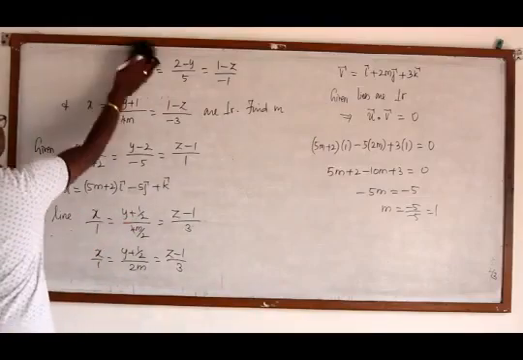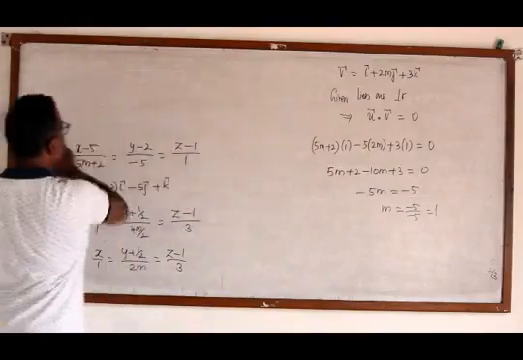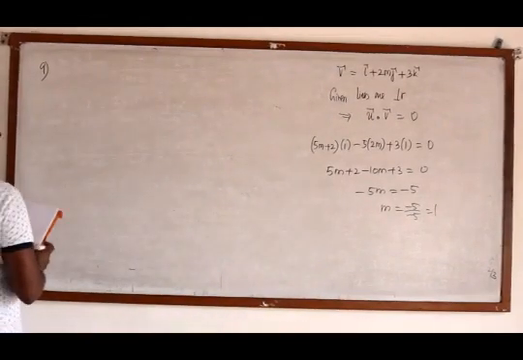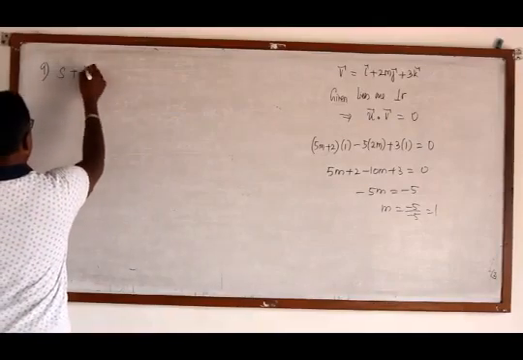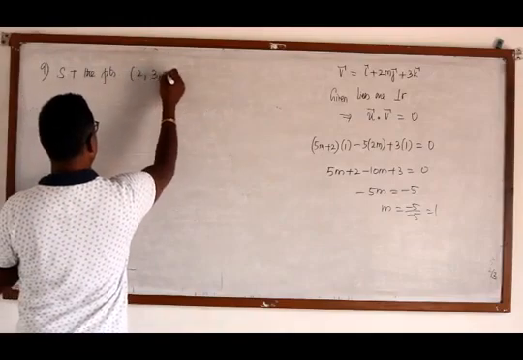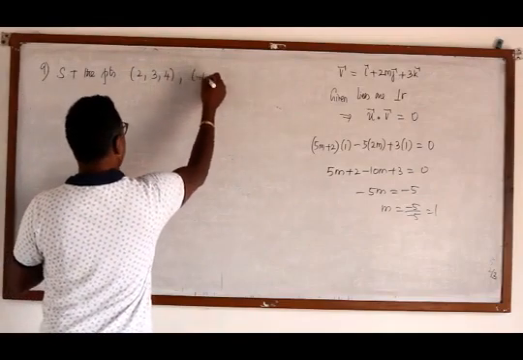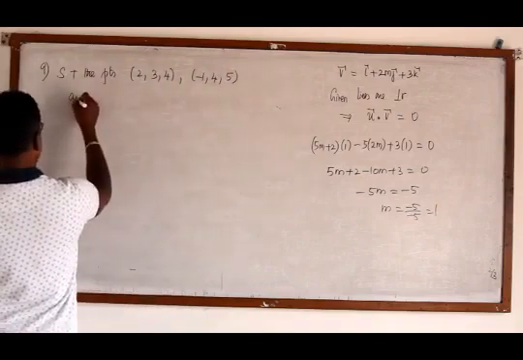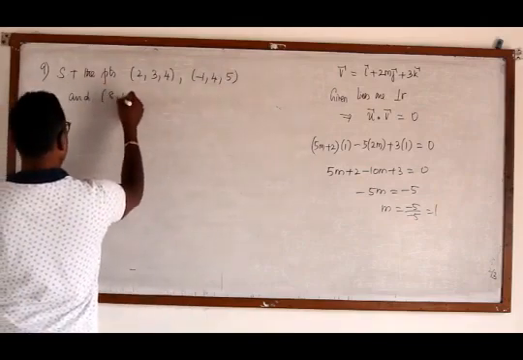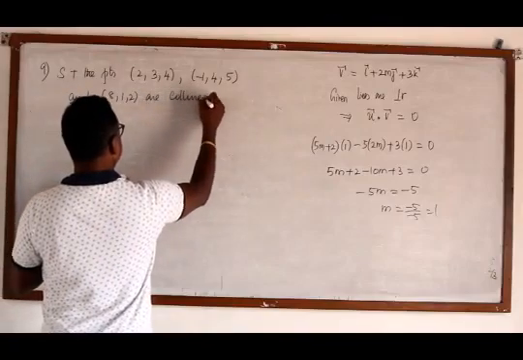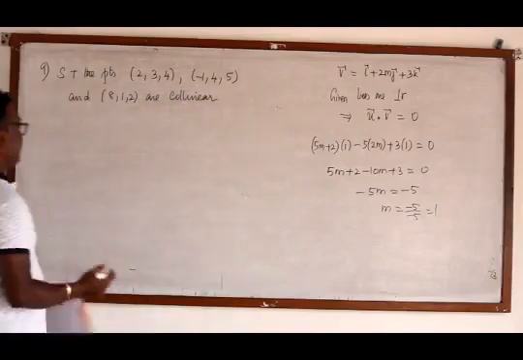Now we should go for the ninth problem. Show that the points (2, 3, 4), (minus 1, 4, 5) and (8, 1, 2) are collinear.